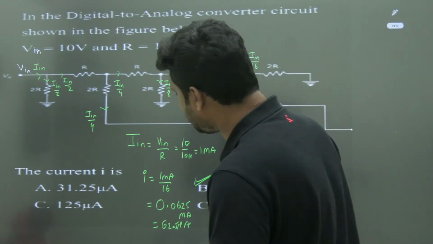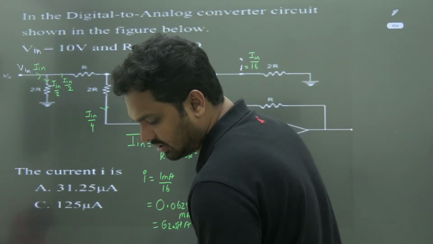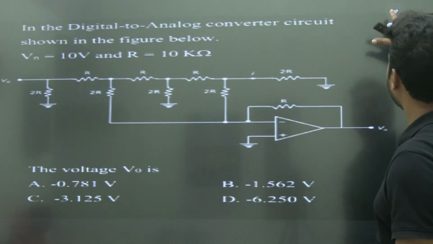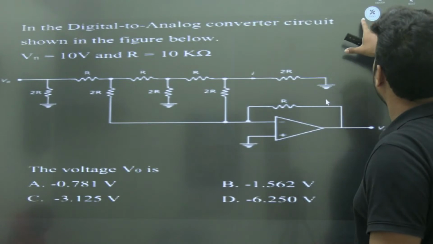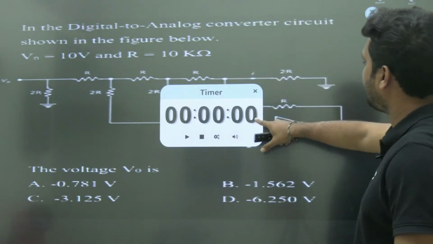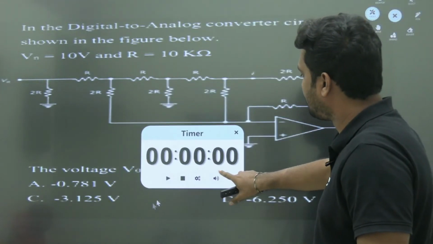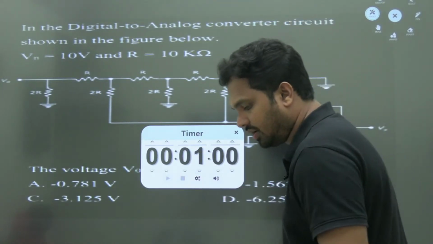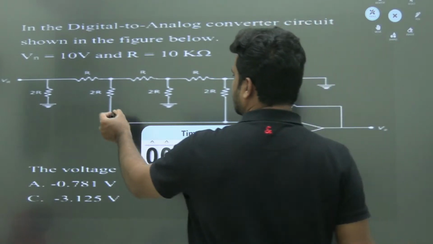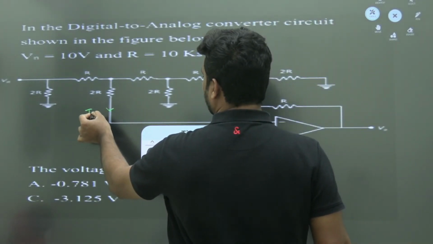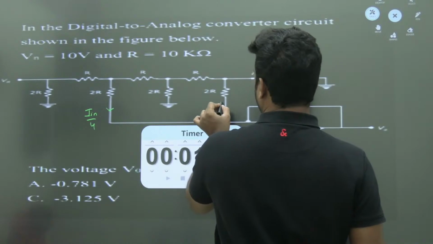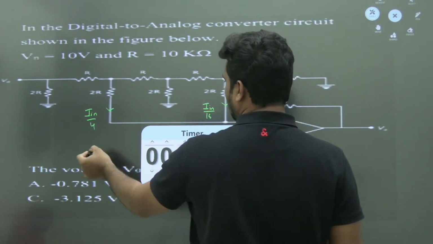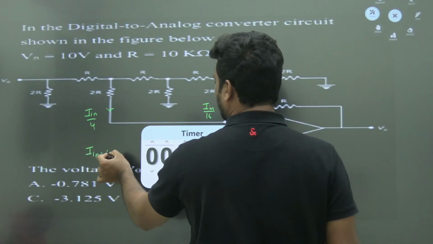Same model, this is nothing but current switched R to 2R type ADC. The same model, one more question is given. So give a try. Here we already know that this is I in by 4 and this is I in by 16 and I in is equal to 1 milliamp.